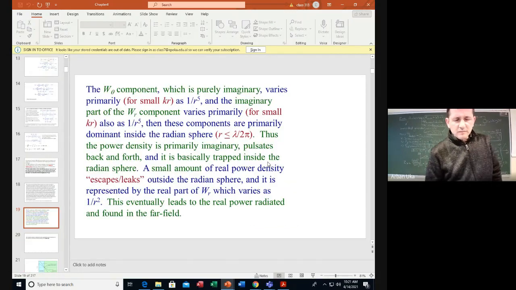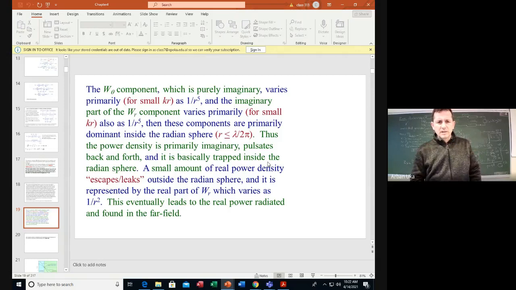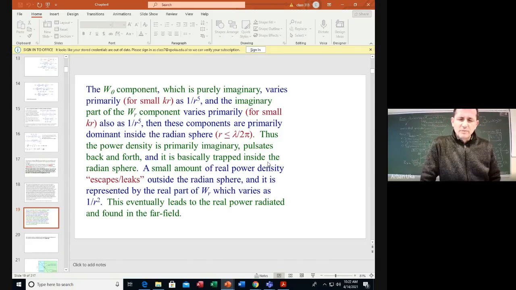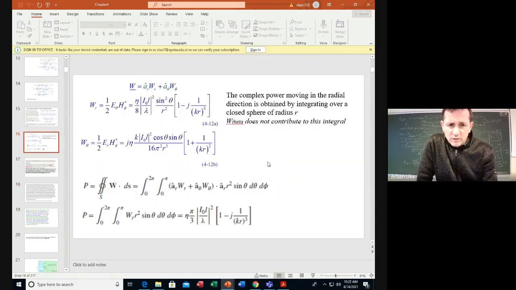So actually this is again something regarding the W theta component. Apparently it's purely imaginary. It varies, for small kr, as 1 over r to the power 5. In fact, let's go back and have a look at this expression, where we can see the projection of the power density along the theta direction.